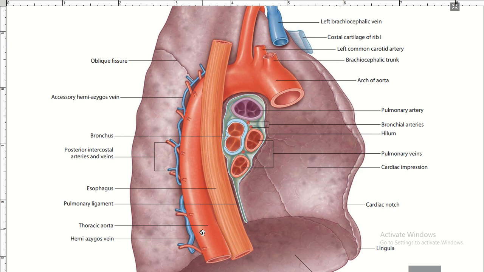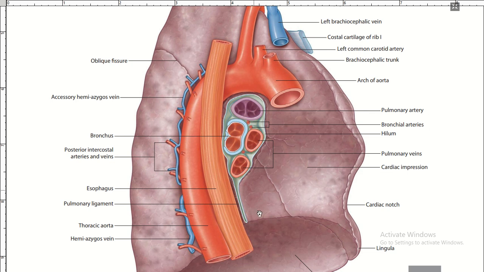Because remember, the ascending aorta, the arc of the aorta will go towards the left and give the descending aorta, lying along the sternal angle. You remember? So the descending aorta is going to form a groove on the left lung, not on the right lung. You understand? So you can actually see the descending aorta right here.